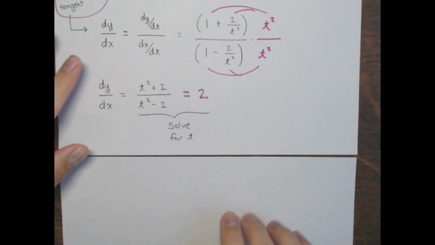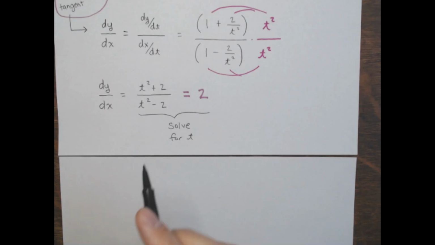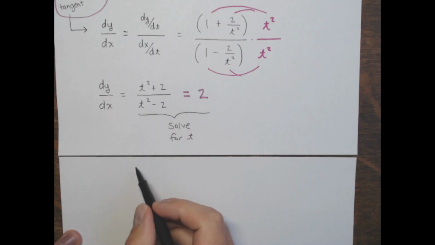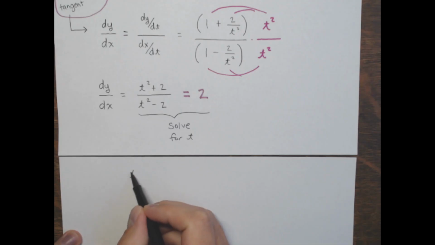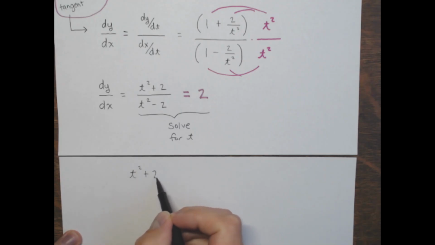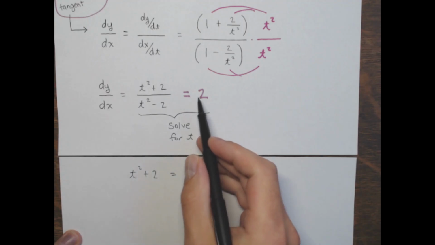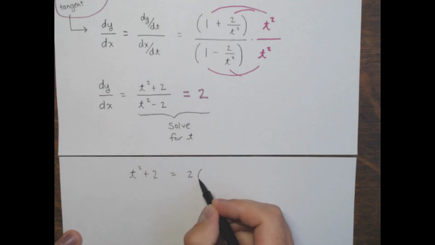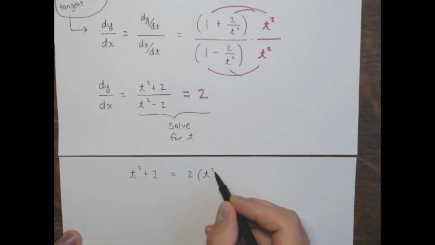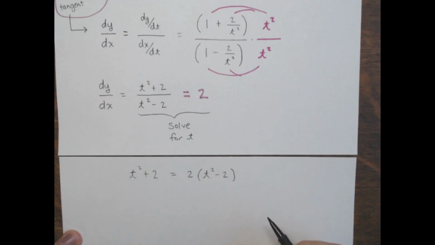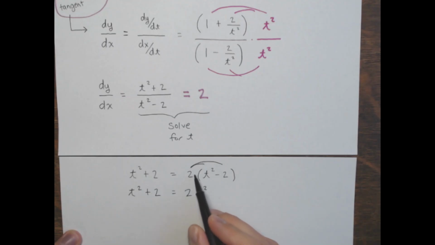Now I'm going to just multiply, get rid of the denominator, multiply both sides by t squared minus 2 there. So you have t squared plus 2 on the left equals 2 times this quantity, t squared minus 2. And we'll distribute the 2. It'll be t squared plus 2 equals 2t squared minus 4.